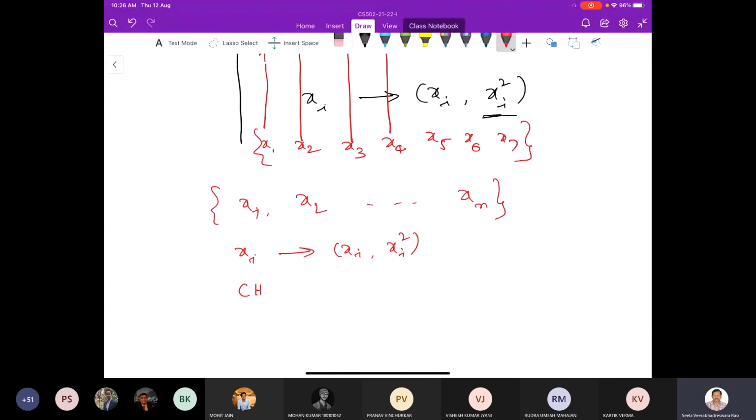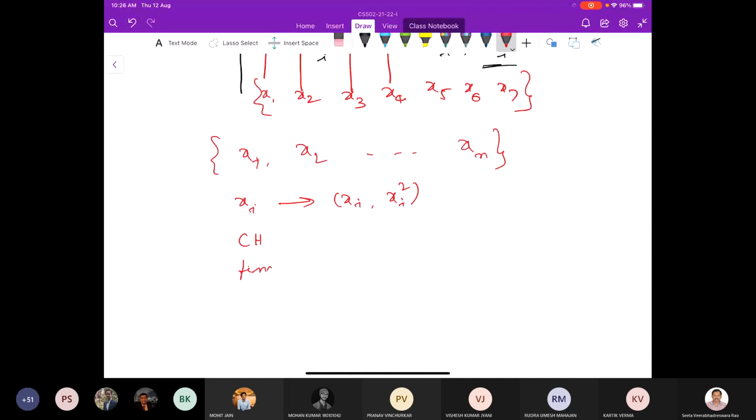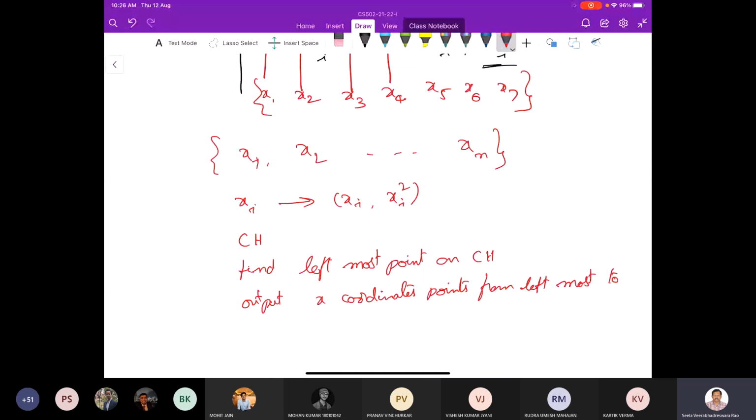Then you find the leftmost point. And then you output the x coordinates of the points from leftmost to rightmost.